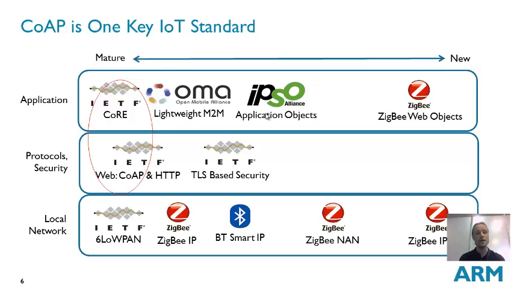More so, you need the networks, you need the improvements in security, and you need things like device management. OMA Lightweight M2M is an example of device management, uses CoAP as a basis for the standard, and the actual data objects, so the semantics that you use with CoAP. And those come from places like the IPSO Alliance or Zigbee, where we work on semantics for IoT.